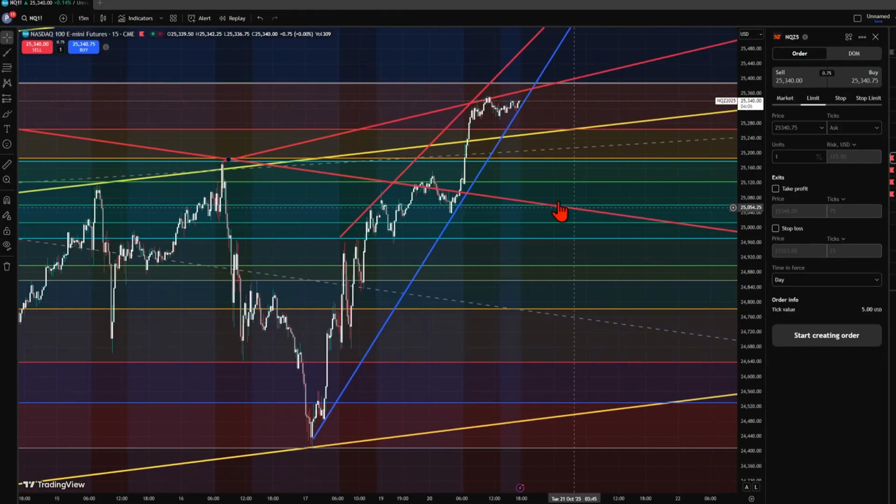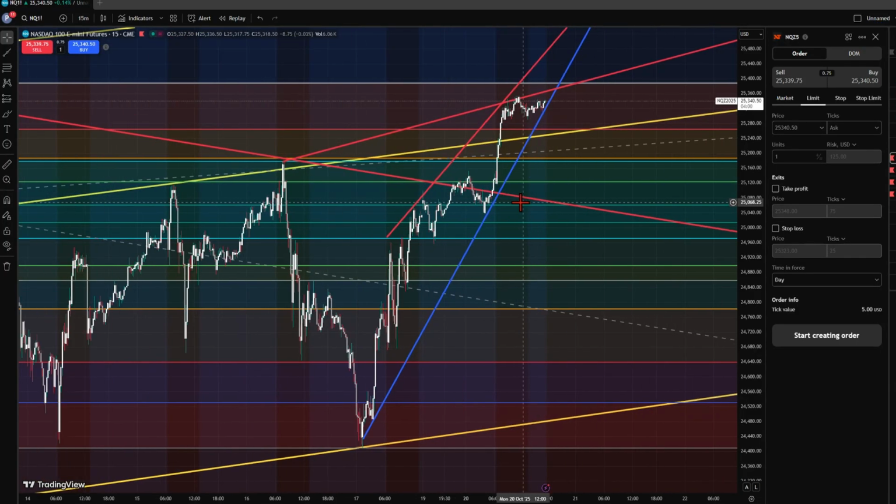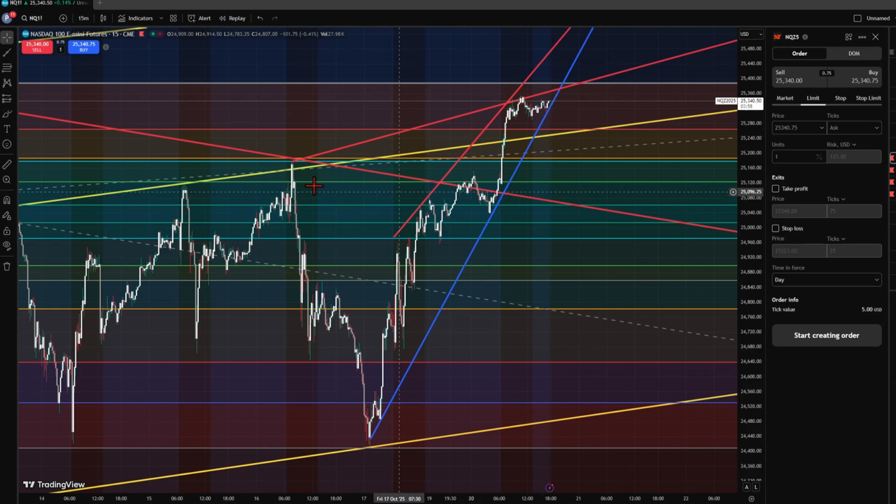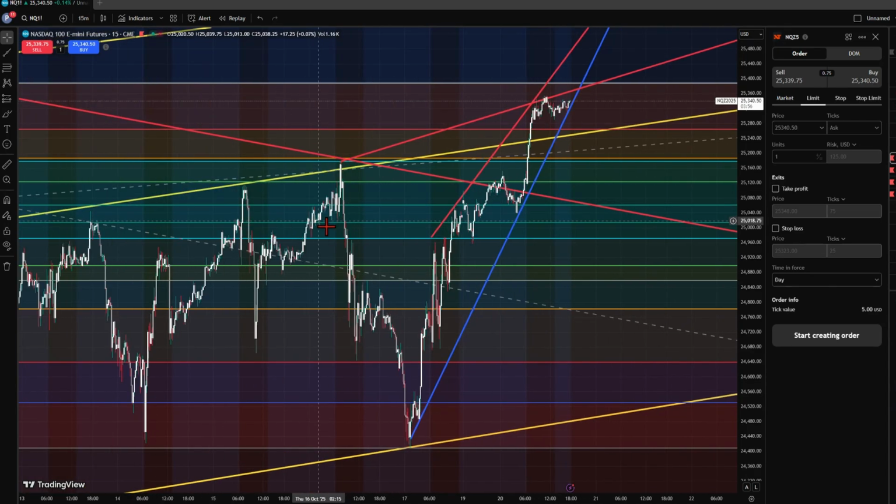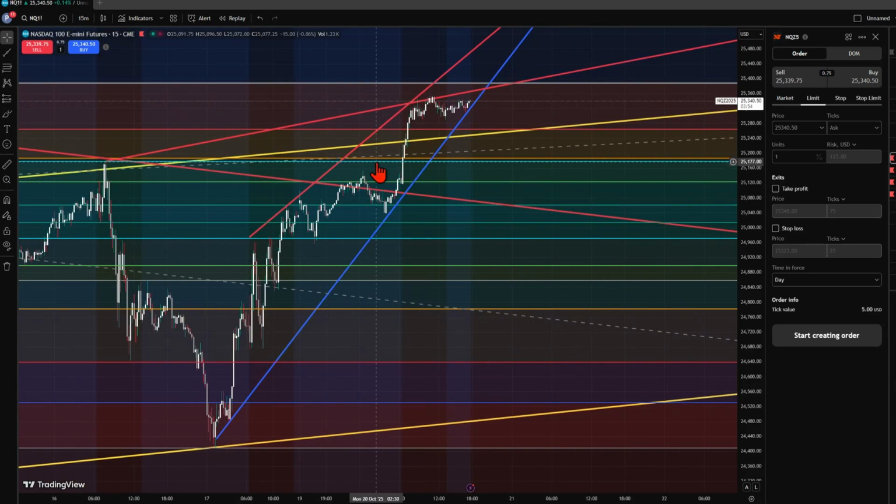So as it comes back down, it will most likely bounce off of this line a little bit. Mind you, all these lines are reminders of previous zones. So it'll probably bounce off of this area a little bit, but generally if it breaks through this blue line, it's going to start making its way down to whatever the next line or zone is.